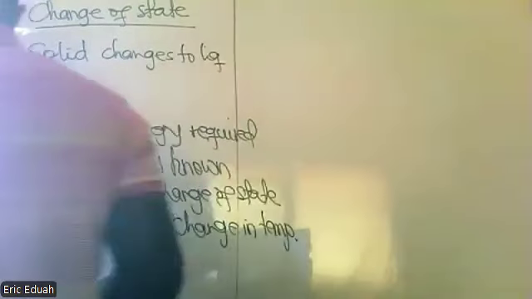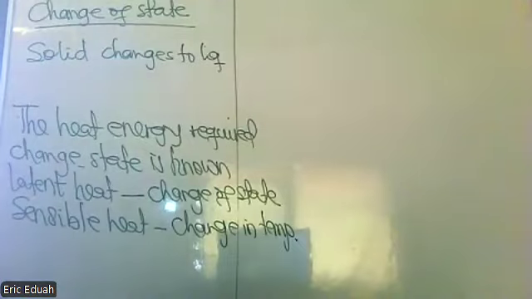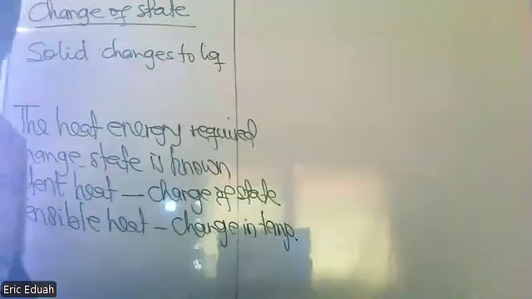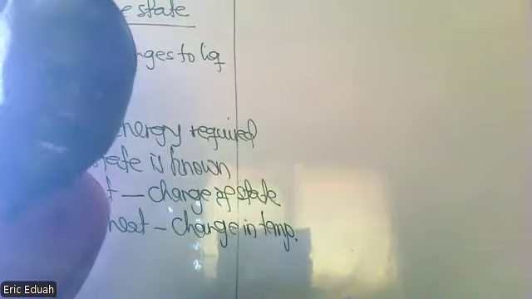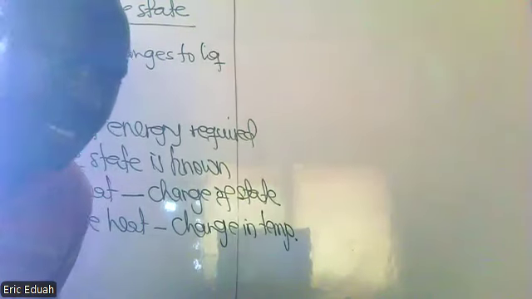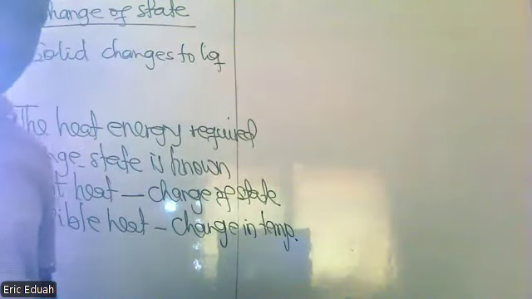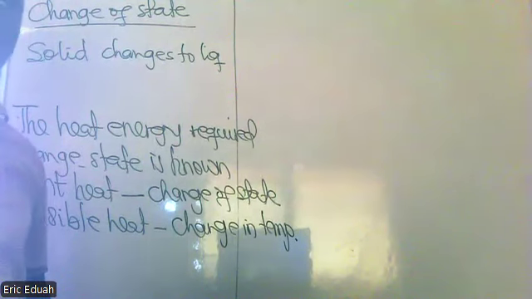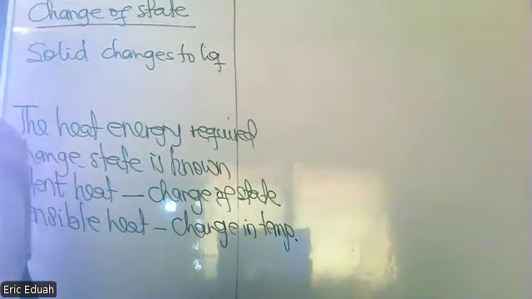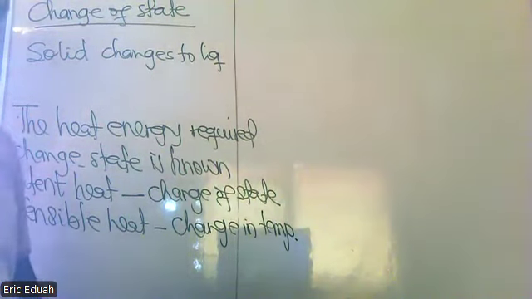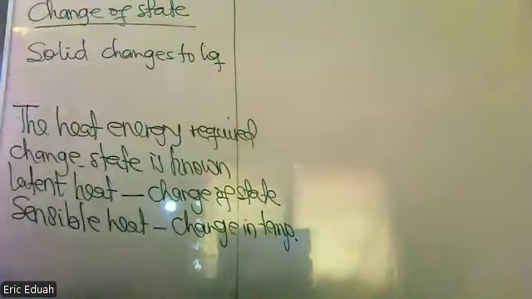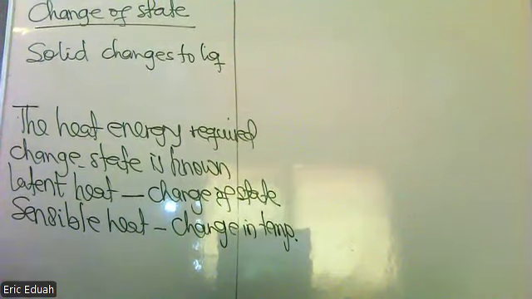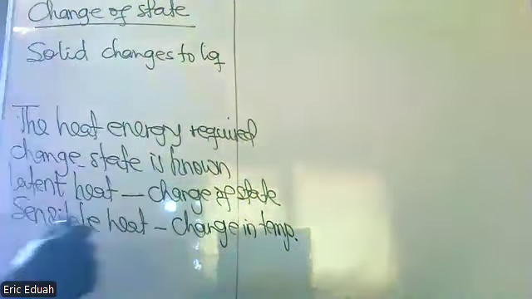So the amount of heat that must be absorbed to change the state of a material or a substance, okay, at constant temperature is known as either latent heat of fusion or latent heat of vaporization. Now, let's take one of them.